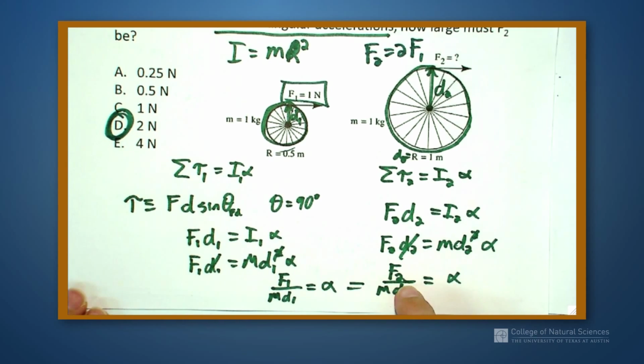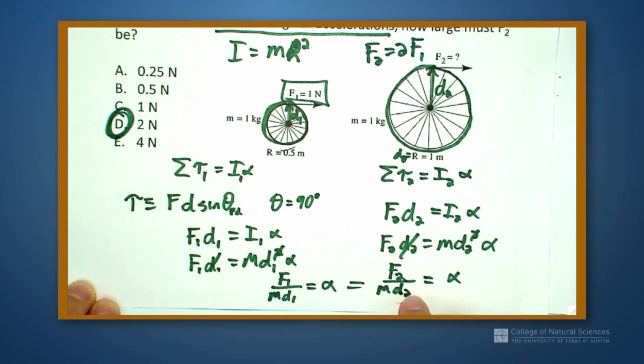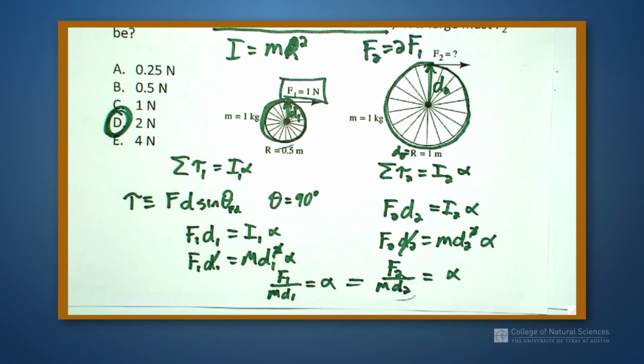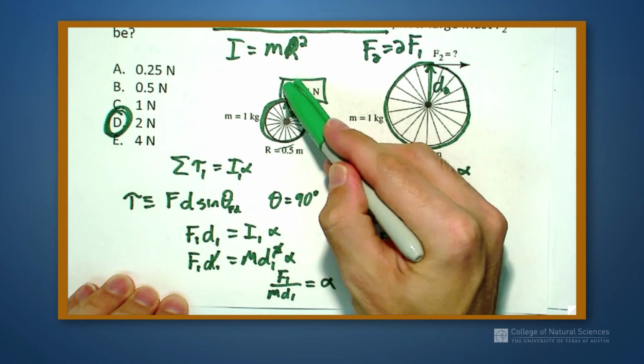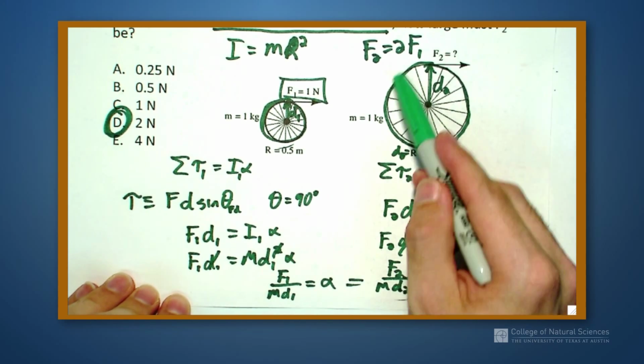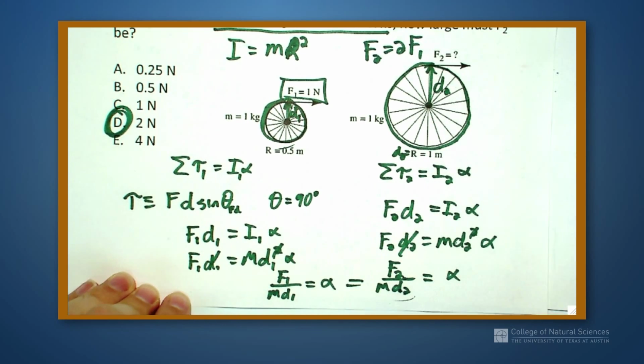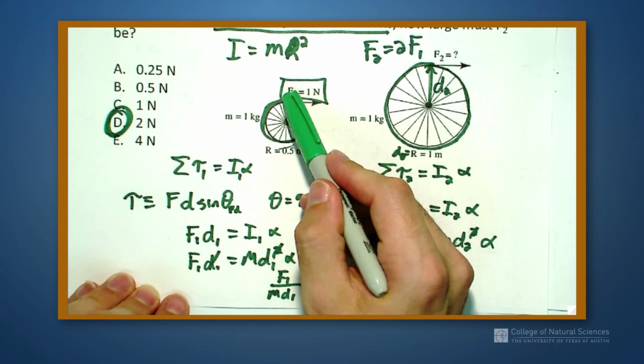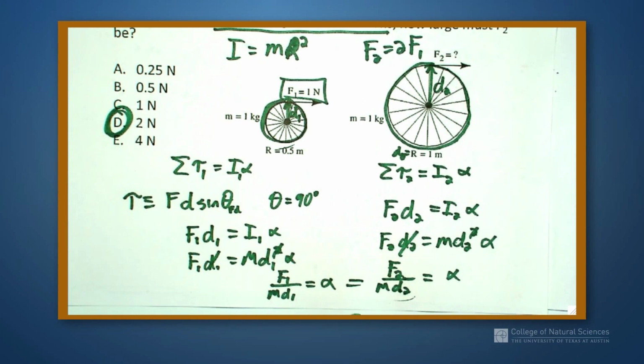But I can substitute in that d2 is twice d1. So I could substitute those in, cancel my terms using these two, and find this equation. So it's really interesting. As we increase this radius, not only are we changing the moment of inertia, since all this mass is now at a different location, but we're also changing the force, where it attaches.